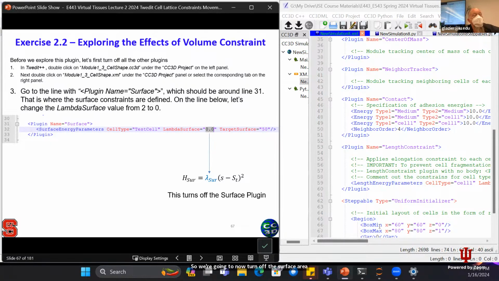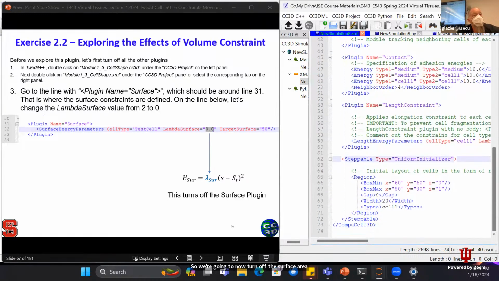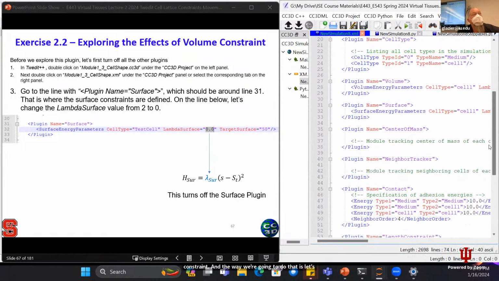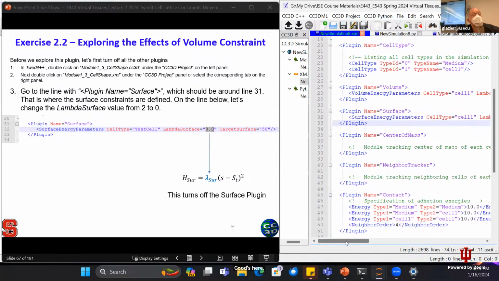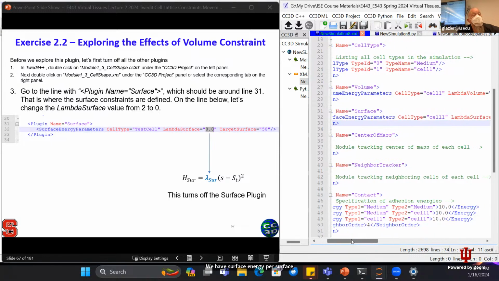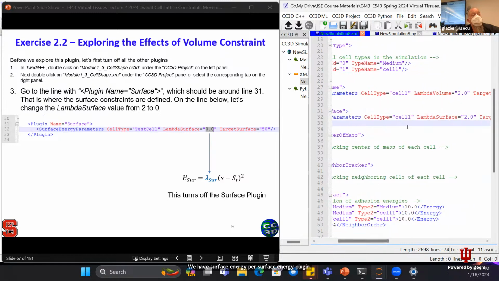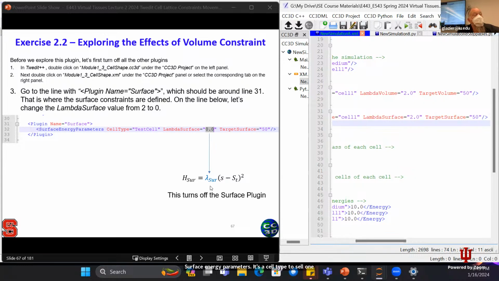And the way we're going to do that is, let's look at the surface area constraint. It's here. We have the surface energy plugin, surface energy parameters. It says cell type is Cell1. And then it says lambda surface, that's the lambda here, is 2, and the target surface is 50. So we could play with those two things and see what it does.